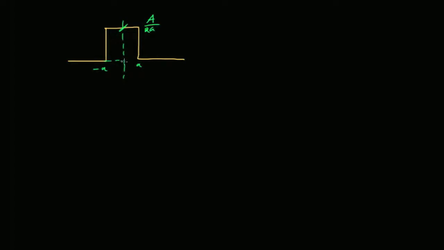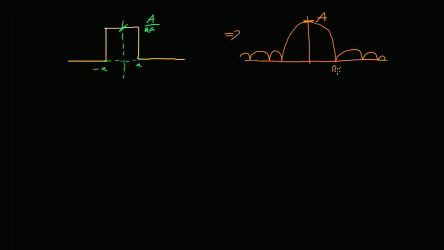And we said the Fourier transform was a sinc function where this height is big A, and the first zero crossing is at pi over a in units of radians per second.